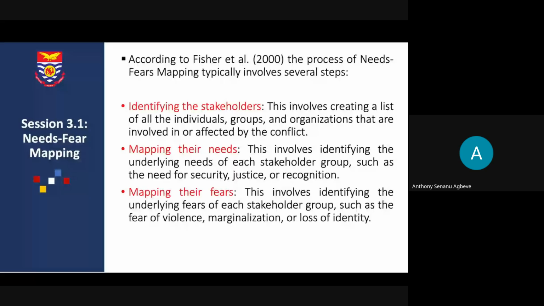So what are the underlying needs of each stakeholder engaged in the conflict? Then you map their fears. So fear of violence, marginalization, and what have you.